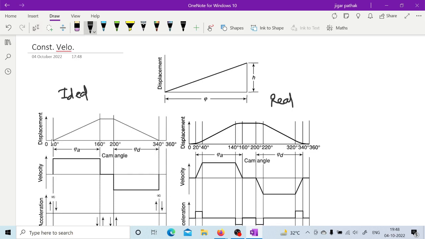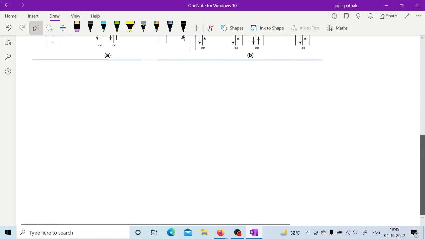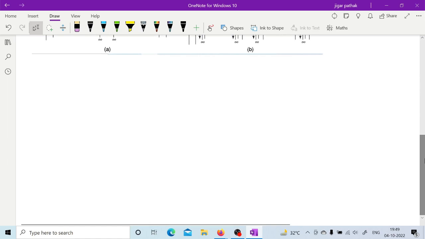Here the instantaneous increments and decrements are shown, but in practice it will be gradual. So these are the ideal and real plots for displacement, velocity, acceleration and jerk in case of constant velocity motion, showing how the follower behaves and how we can plot it.